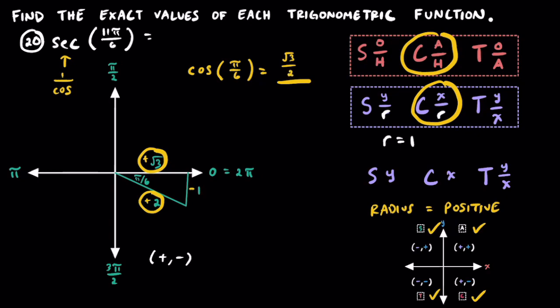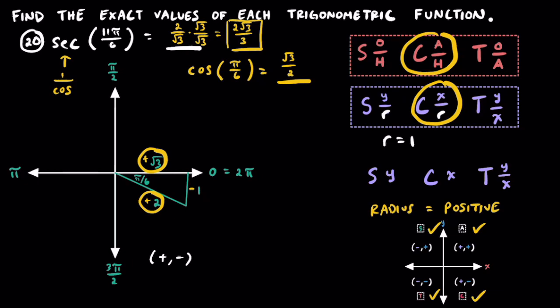Now, that's what cosine is equal to, but we need to find secant, so we need to find the reciprocal, and the reciprocal of that is going to be 2 over the square root of 3. Now, one last time, we really need to make sure we rationalize that denominator, so we're going to multiply by √3 over √3, and that's going to equal 2√3 over 3. That would be the exact value for secant of 11 pi over 6.